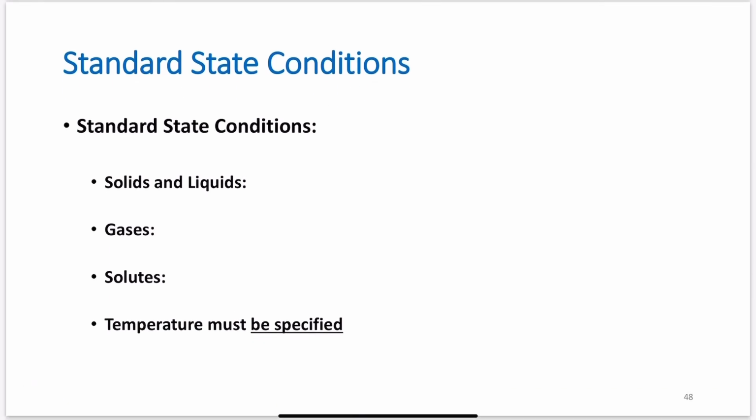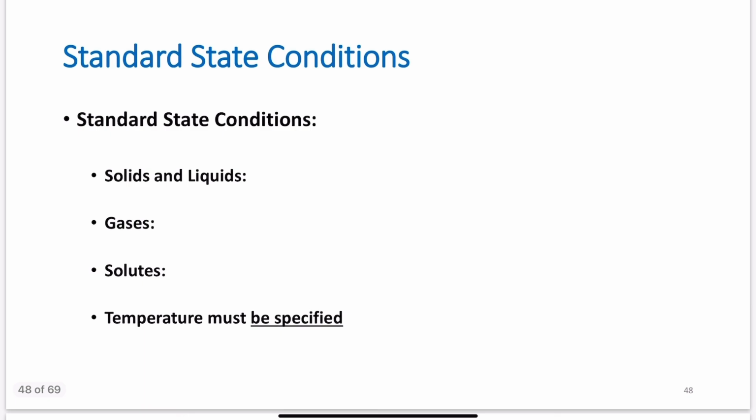The standard state conditions are as follows. For solids and liquids, this is them in their pure form. For gases, each gas is at a partial pressure of 1 atmosphere.